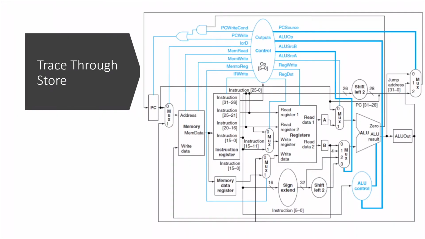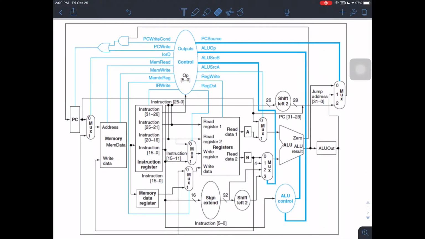Now let's do the store instruction. Since the first and the second cycles are the same for all of the instruction types, let's just skip over those and go straight to the third cycle. In the third cycle of the store instruction, the same procedure happens as with the load instruction.